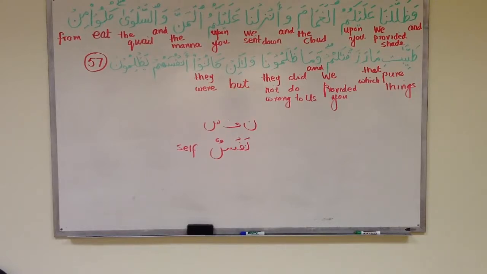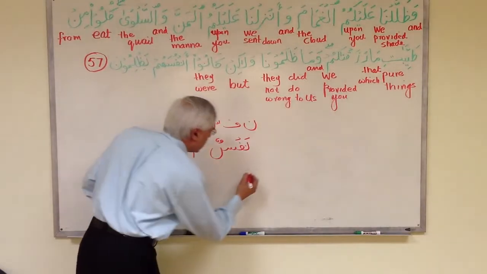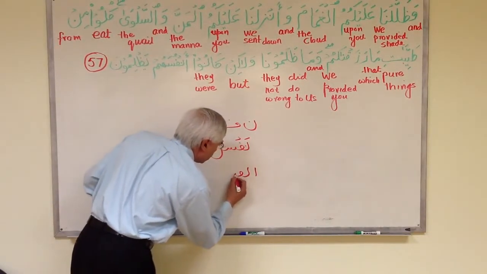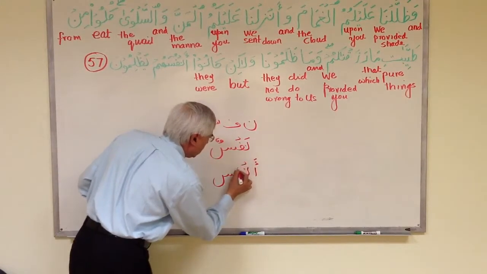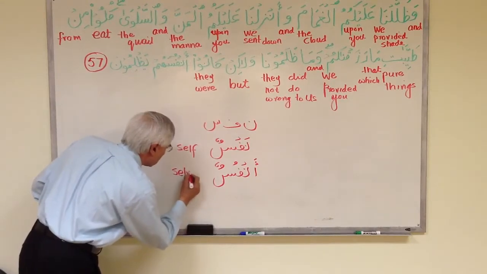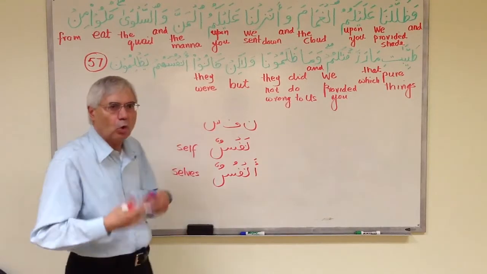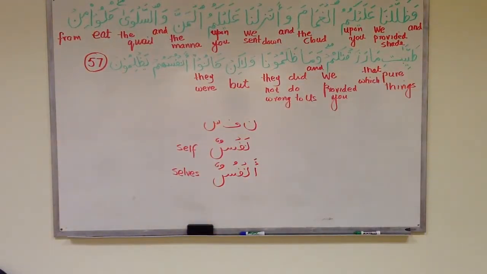Nafs means a soul or a being or a person or a self. All the meanings are same. Its plural is anfusun. Anfusun means selves, plural, souls, beings. Okay.